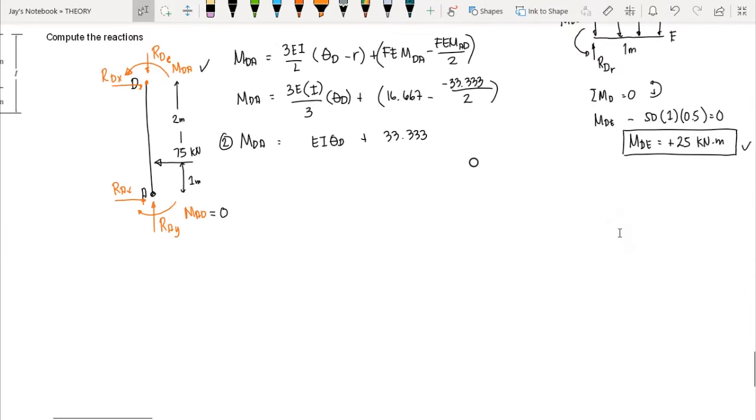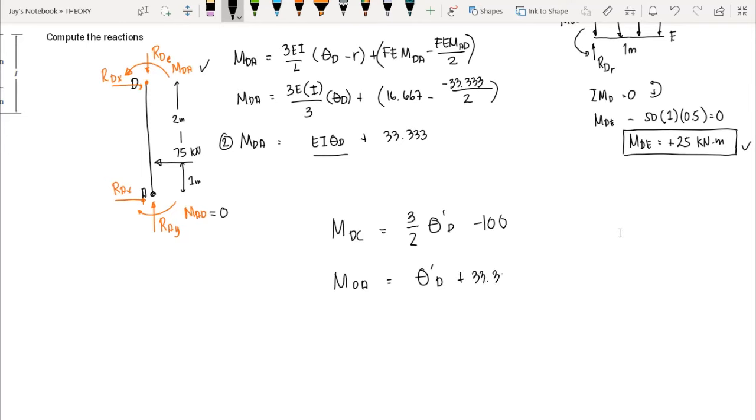And so we tabulate all the equations. We have the previously computed one, MDC, which is equal to 3 over 2 EI theta D minus 100. And we can express this as a single variable, theta prime D. And lastly, we have MDA equal to EI theta D, so we can just express that as EI theta prime D plus 33.333.